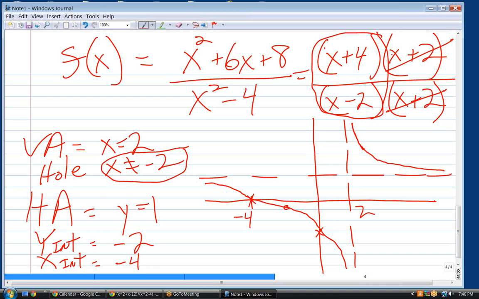Would that show up if I put this in Wolfram Alpha? Or would it show up in your calculator? If you were to input that into your calculator, would you see that hole? I'm not sure. You would not. And the reason is that it is infinitesimally small.